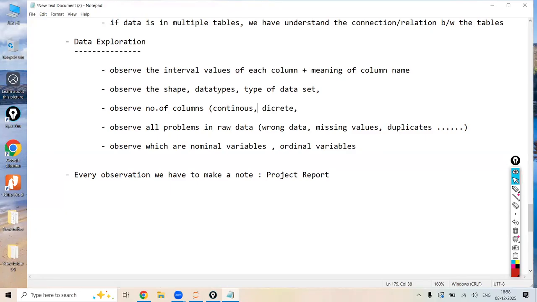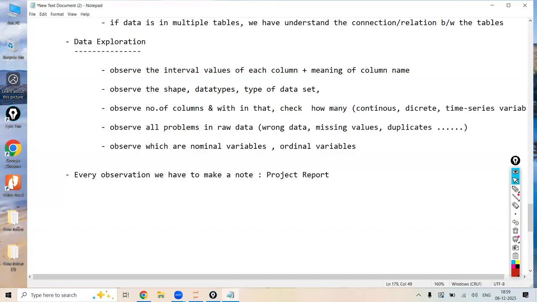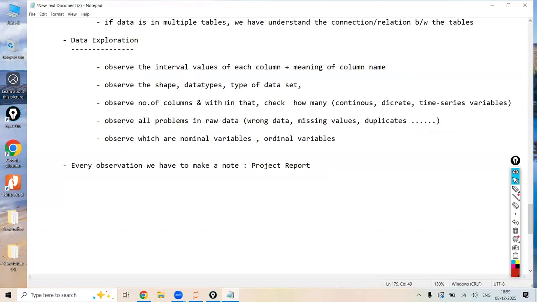You have to observe each and every column. First, observe the number of columns, and within all columns, check how many are continuous, how many are discrete, how many are time series.